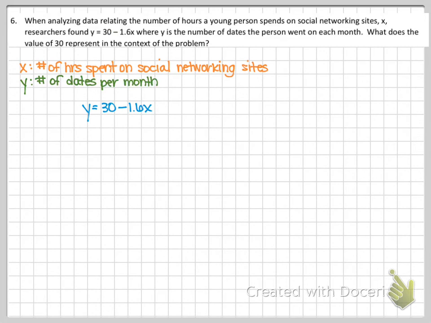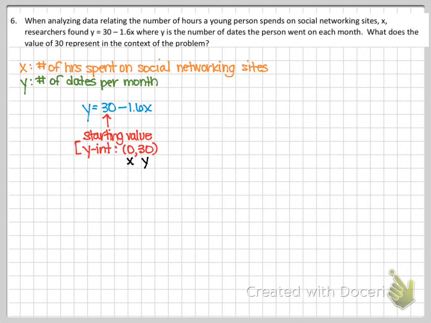Okay, so let's see here. We know we're being asked about 30, so that's our starting value. We know that that can be written as a y-intercept, or at least it helps us find the y-intercept, so 0, comma, 30. Remember, that's an x and that's a y.